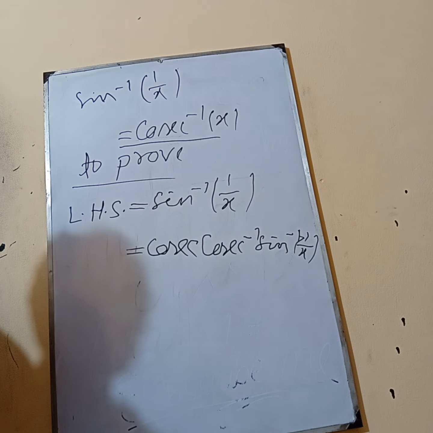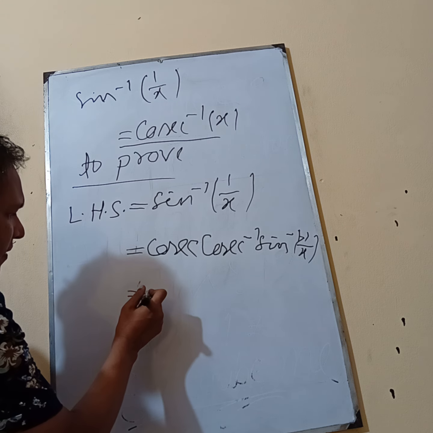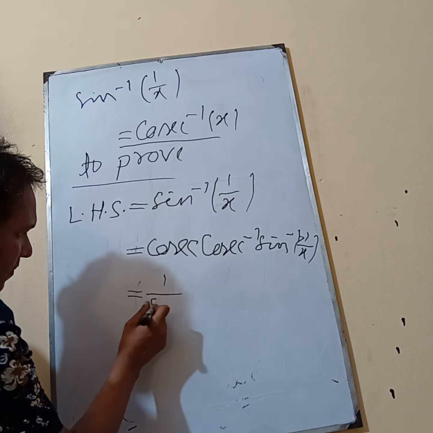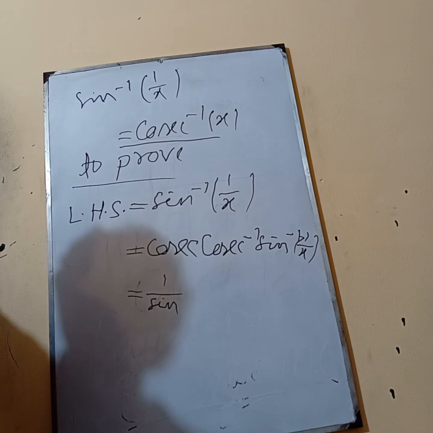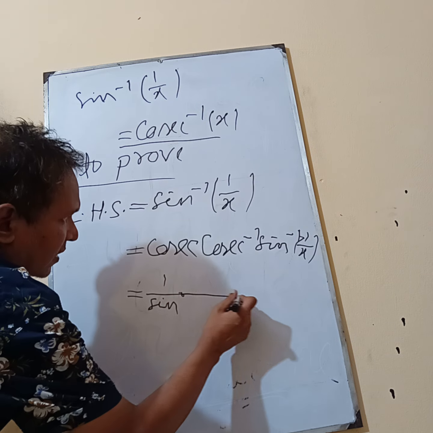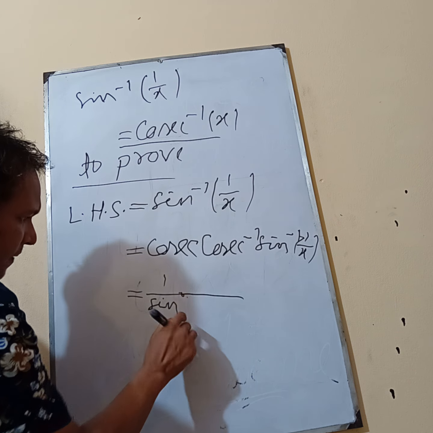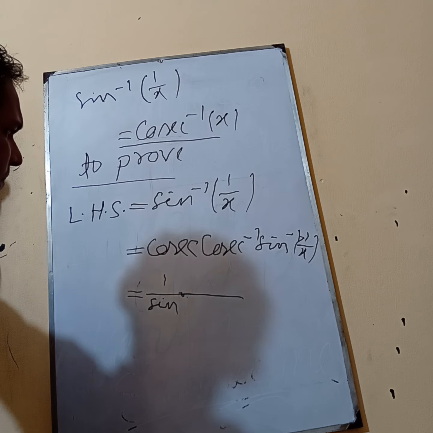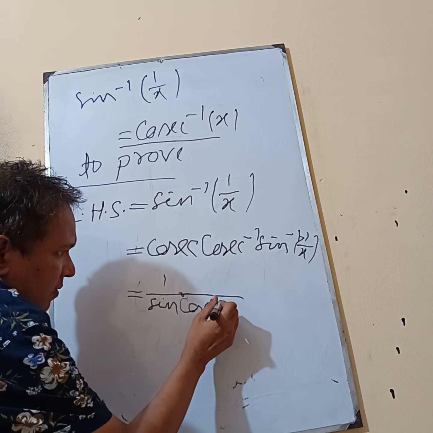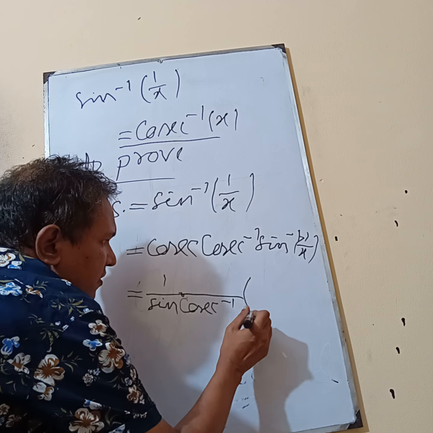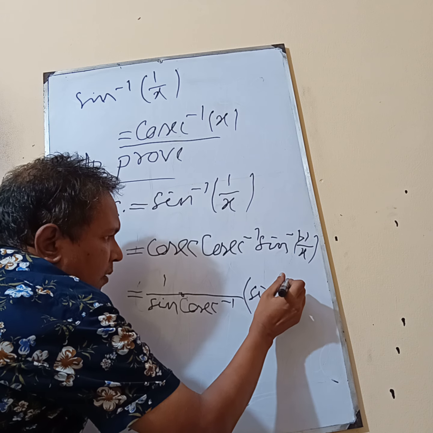It means cosec is equal to 1 by sine. And then I have to write sine inverse of cosec inverse, and whole sine inverse of 1 by x.